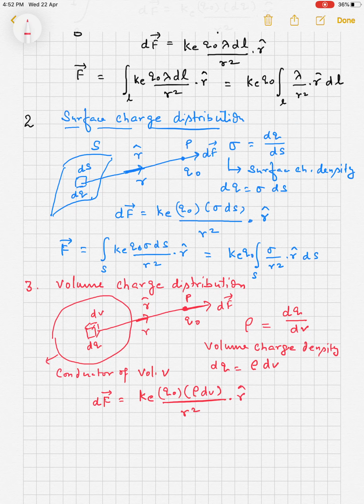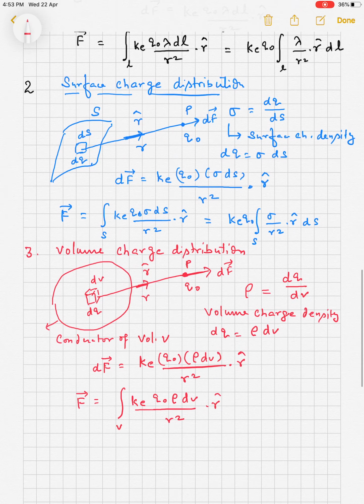So the total force F will be the integration over the entire volume of Ke Q naught rho dV upon r square into r unit vector.